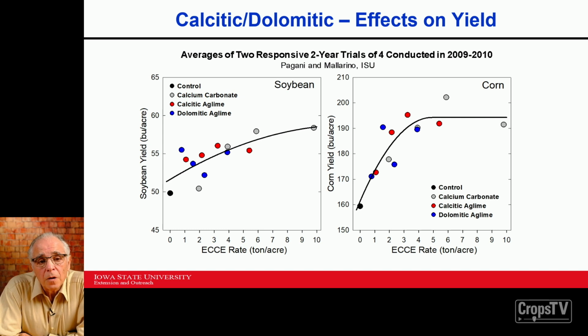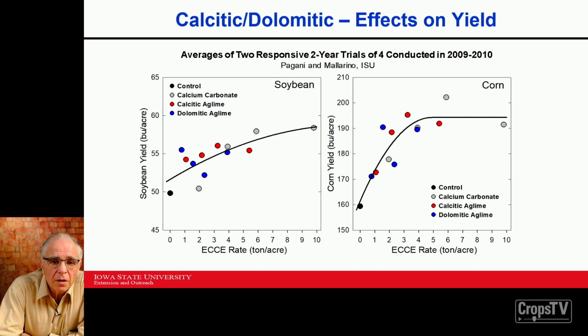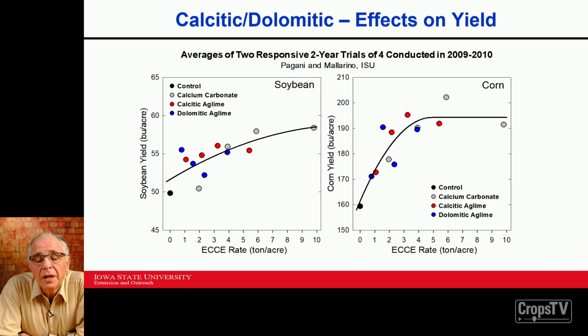In the case of soybean, we achieve maximum yield with about 5 tons of CCE, and in corn with about 4 tons. But there was no source difference, okay?